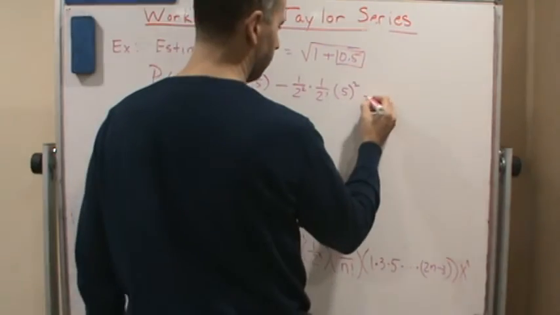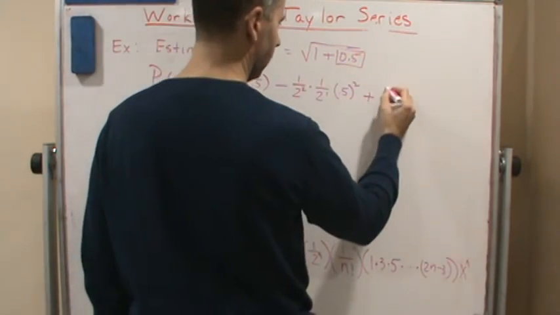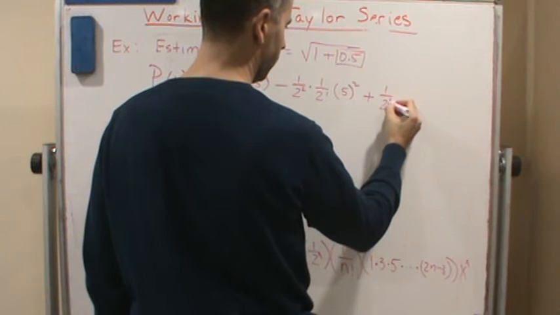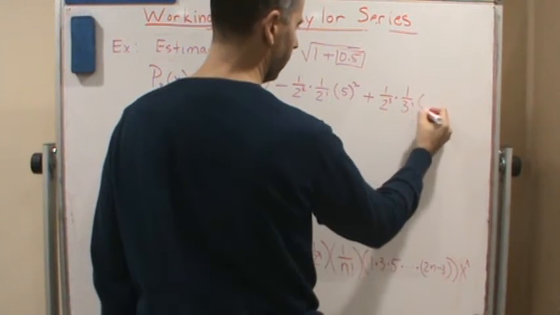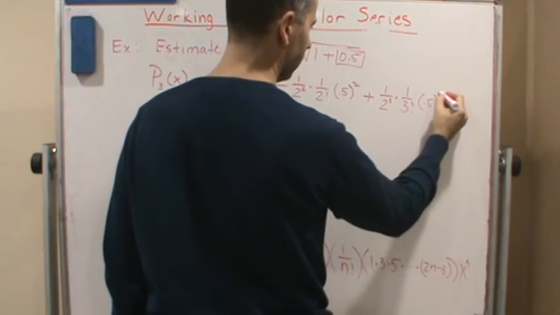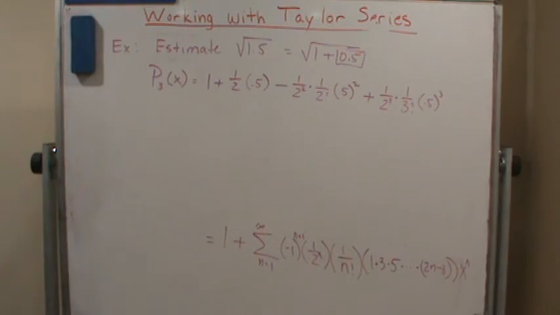And then this is going to be plus 1/2 cubed times 1/3 factorial times 0.5 cubed. And that is where we're going to end.